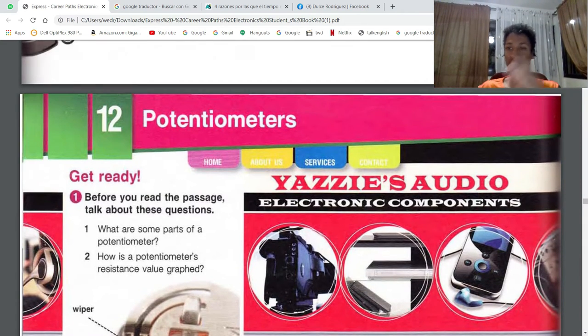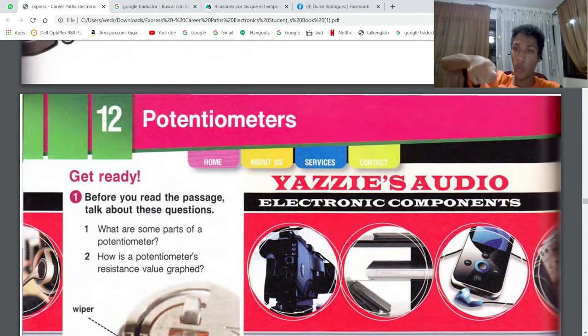Unit 12, potentiometers. With these tools, you can modify the resistance in a circuit in real time.